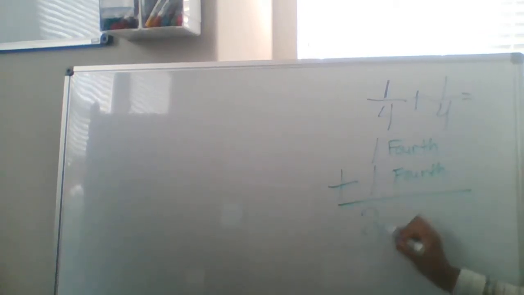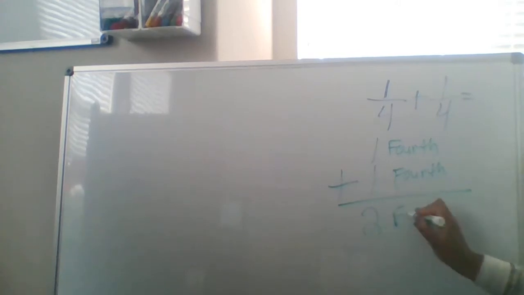Well, in their heads, this is what they're seeing: 1/4 plus 1/4 equals 2/4. They use their fingers or their manipulatives to tell you 1 plus 1 is 2. And since we're talking about fourths, that's why they knew it was 2/4.